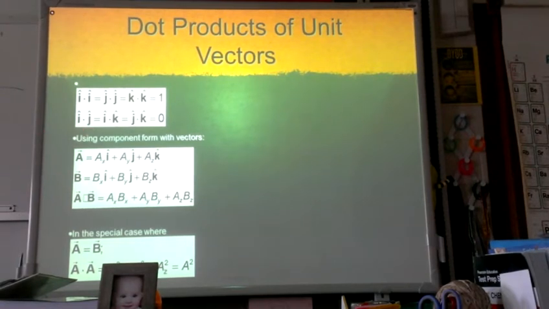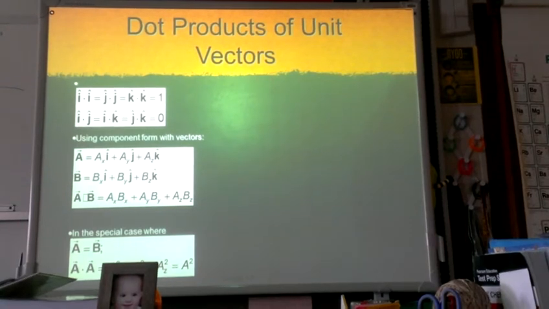I dot J is representing that I'm thinking about I as X, J as Y. X and Y are separated by 90 degrees. So because they're perpendicular to one another, I'm always going to get a scalar product of 0. However, if I'm thinking about two of the same unit vectors, it's going to give me a scalar product of 1.